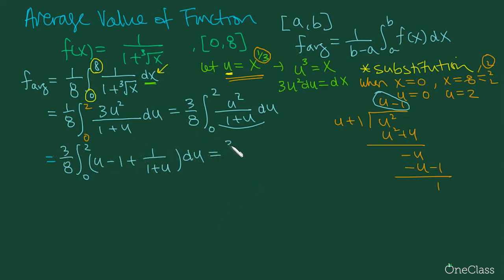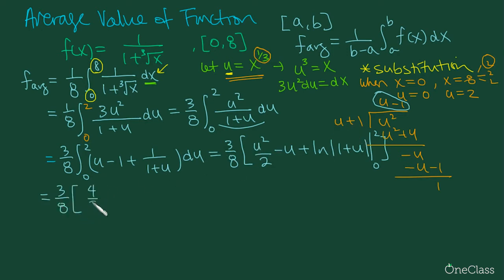Take the integral now. So 3 over 8. Then let's just go ahead and take the antiderivative. This will be u to the power of 2 over 2 minus u, plus simply ln of 1 plus u, going from 0 to 2. So this will be 3 over 8. As we plug in 2, we have 4 over 2 minus 2 plus ln, and we don't need absolute value because it's all positive, we've got ln 3, and then subtract what we get at 0.